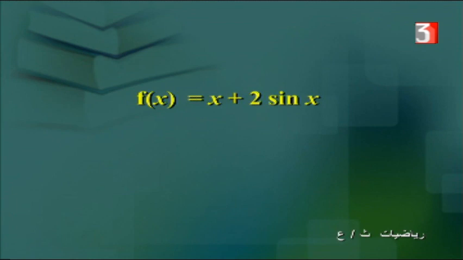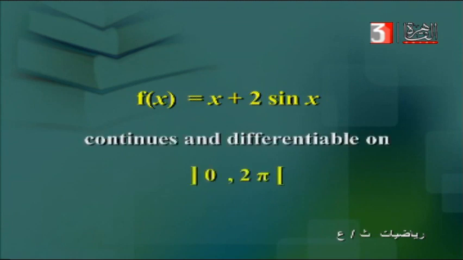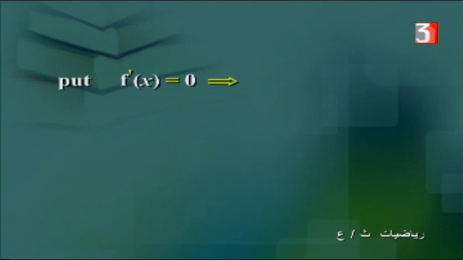X is a polynomial function and 2 sine x is a trigonometric function. Now f dash x. Note that this function is continuous and differentiable on the open interval 0 and 2 pi. Then f dash x equals 0 when f dash x equals 1 plus 2 cosine x equals 0.